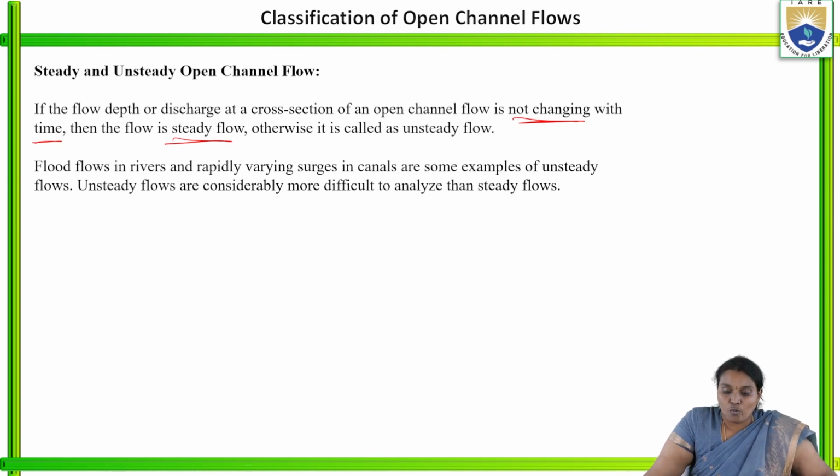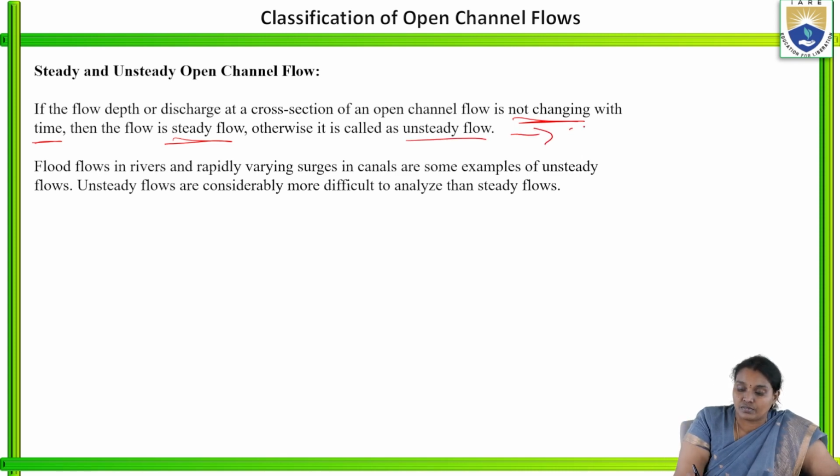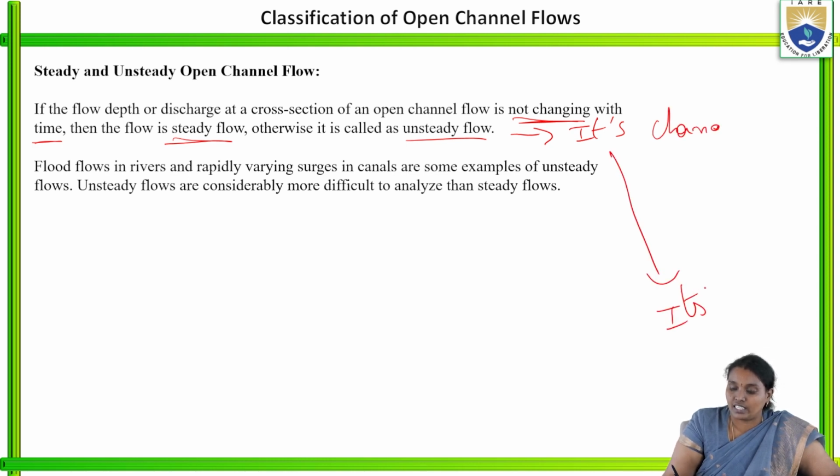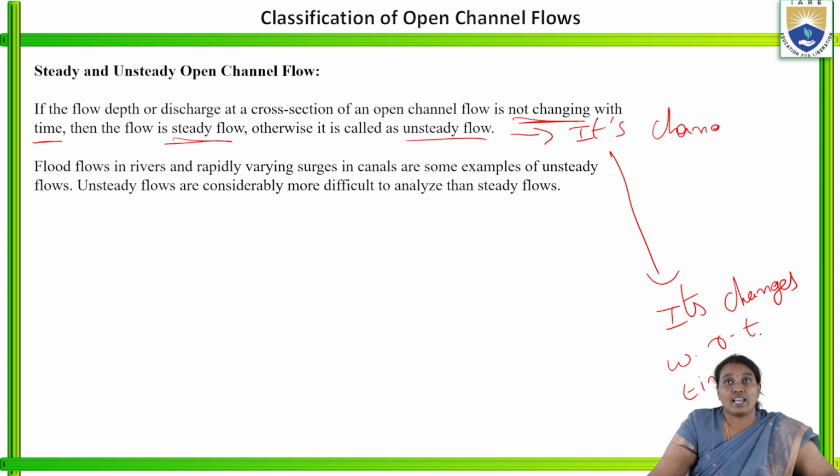Unsteady flow means the depth or discharge at any cross section of the open channel flow changes with respect to time. Such type of flow is known as unsteady flow.